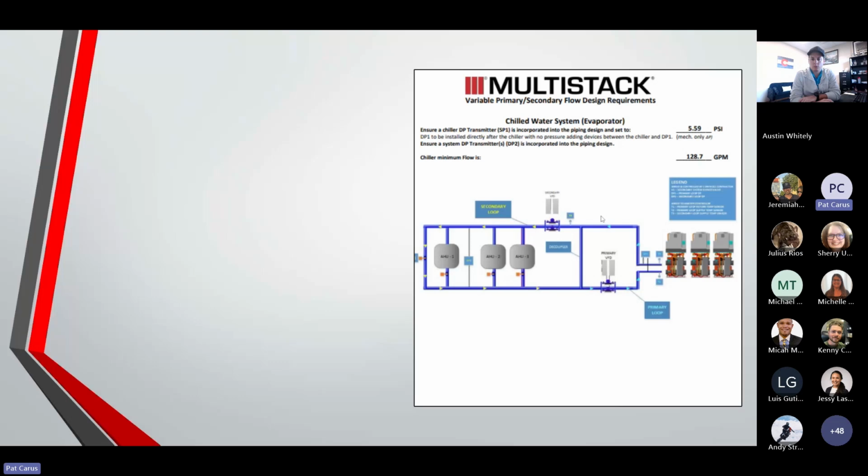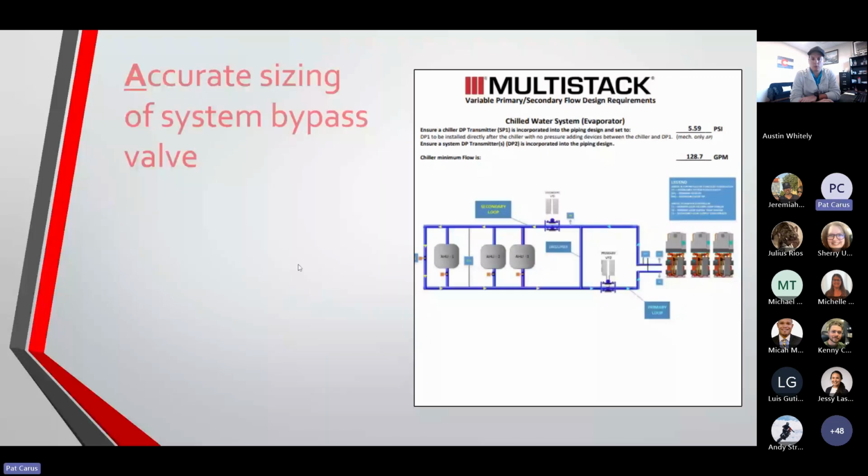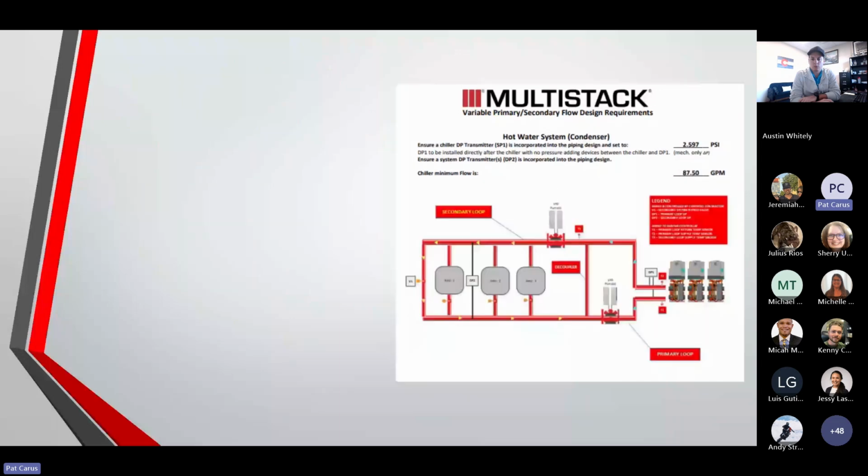What we've done is we've said, this is how you control the primary piece, and we're going to be monitoring what's happening in the secondary portion to make sure that this portion of the unit stays in control. And that's evaporator side, condenser side, same thing. There's your 2.597 and 87.5 gallons.